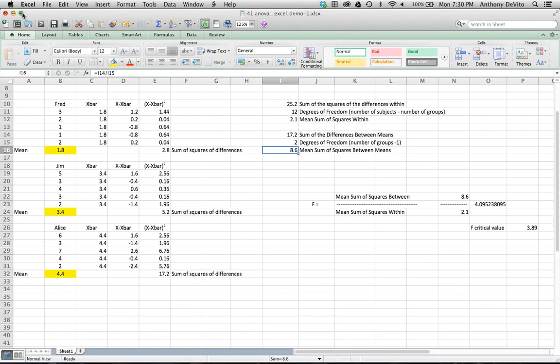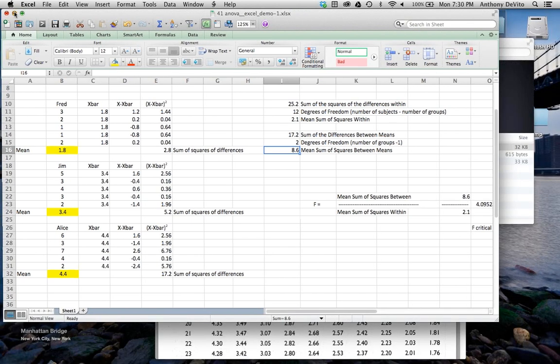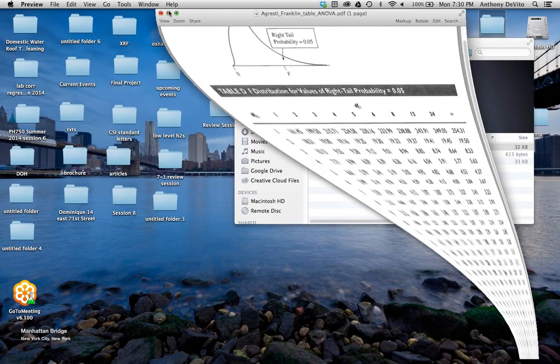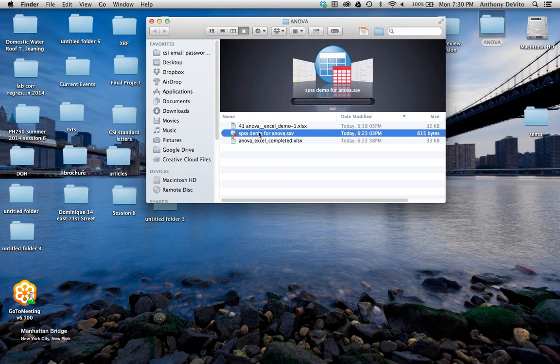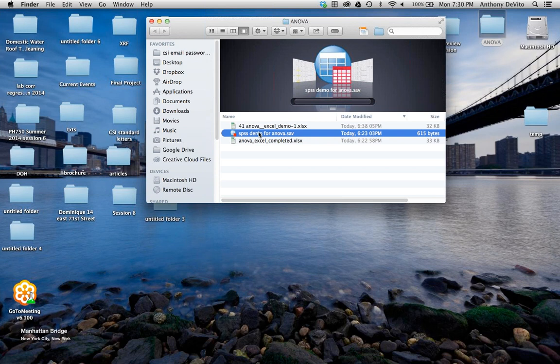So I have an SPSS file, which is already set up, which is exactly the same data. Okay, I'm going to open this up. I won't ask you to import this from Excel. If I ask you to do this, it will be with a data set that's already in SPSS format. So I'm going to open this up.